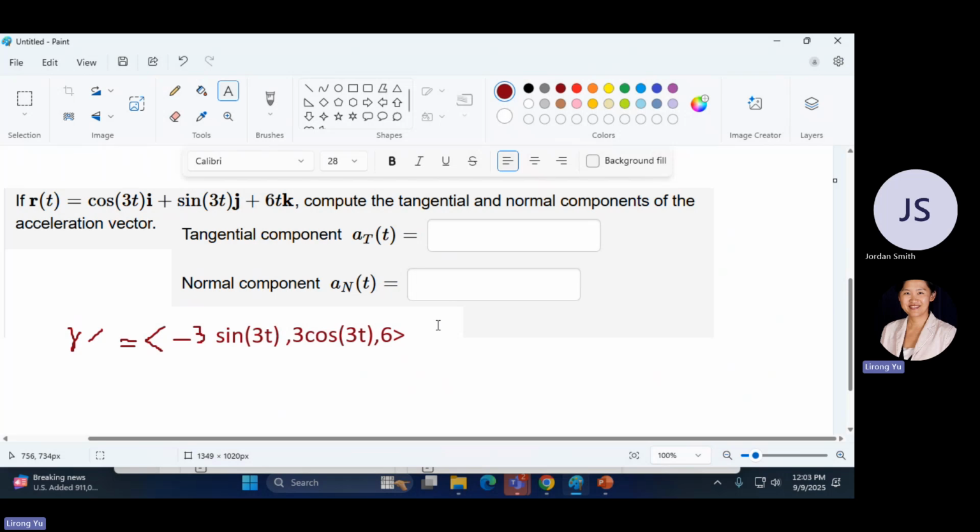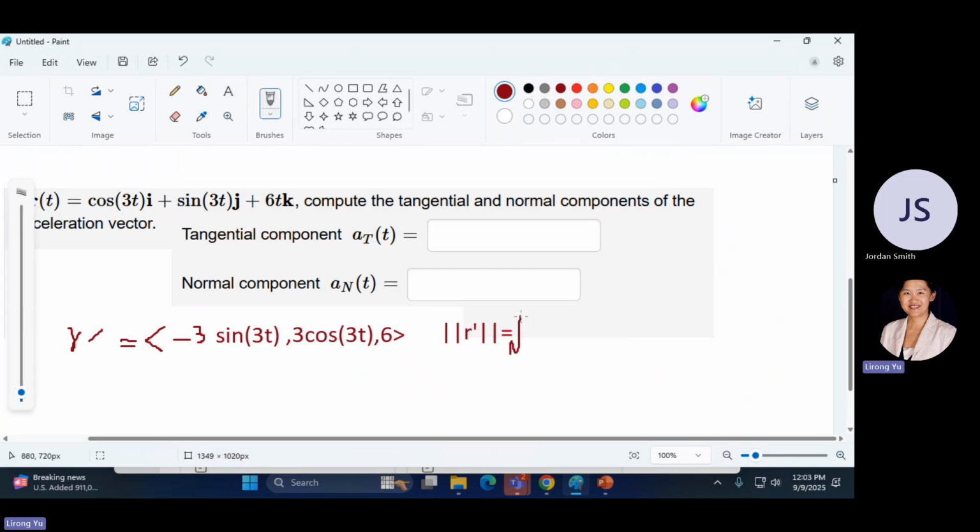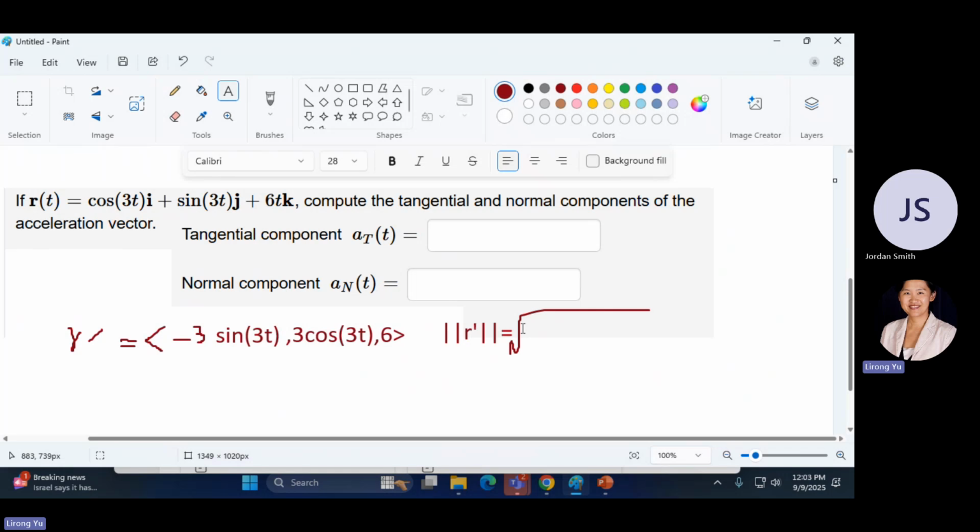So now let's find the magnitude. The magnitude of this is the square root of 3 squared, which is 9, so we have 9 sine squared 3t plus 9 cosine squared 3t.